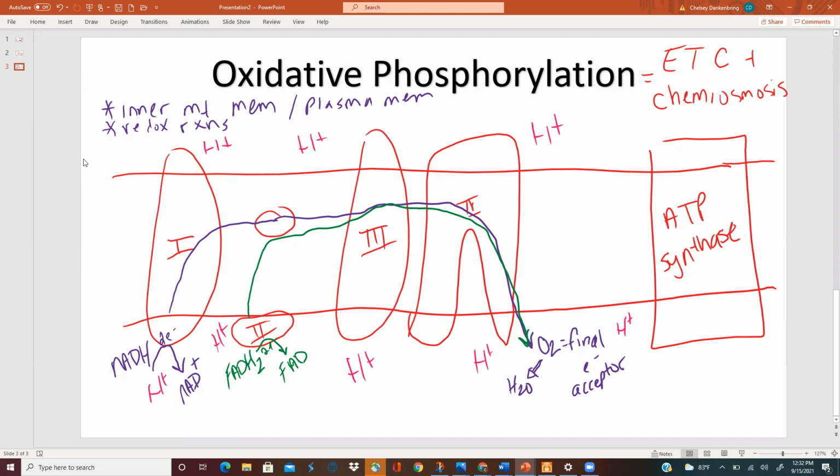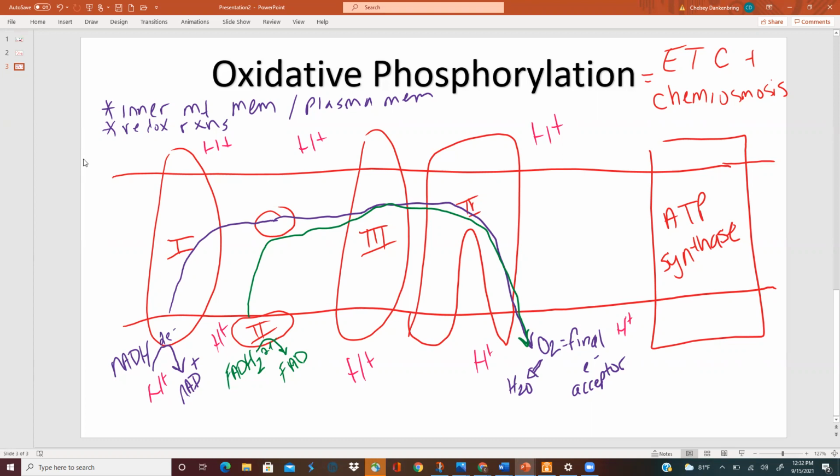All right, and so what's going to happen here is, remember back during our enzyme talk, we said that during any reaction that happens, a little bit of heat energy is released as a byproduct. And so with every redox reaction that's happening in this area, little bits of energy are being released in the process.